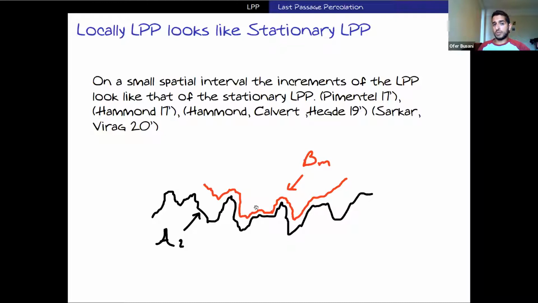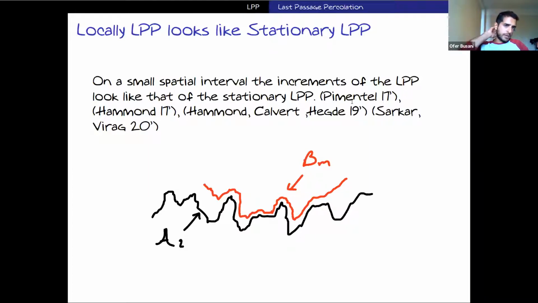The first such result, I think, is by Pimentel, where he showed that if you look closely around the origin, in a functional way, the Airy2 process looks like a Brownian motion.